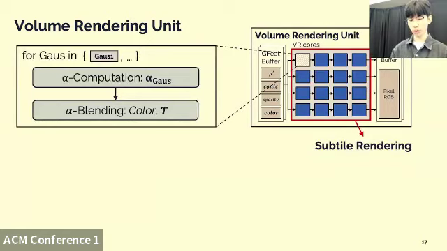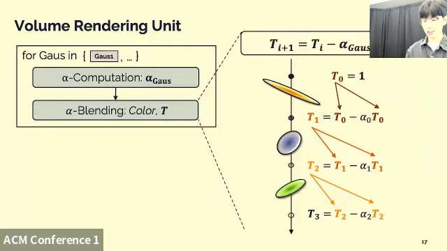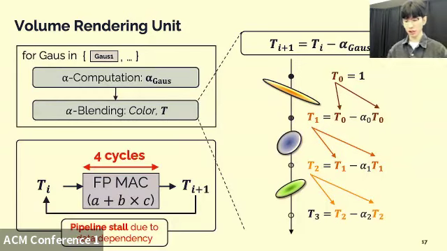So each VR core computes the alpha value of the Gaussian and uses it to update the transmittance value. In the transmittance equation, there is a dependency between 2 consecutive transmittance values. As our architecture is fully pipelined and it requires a floating point multiply and accumulate operation, it leads to a pipeline stall to resolve this dependency.